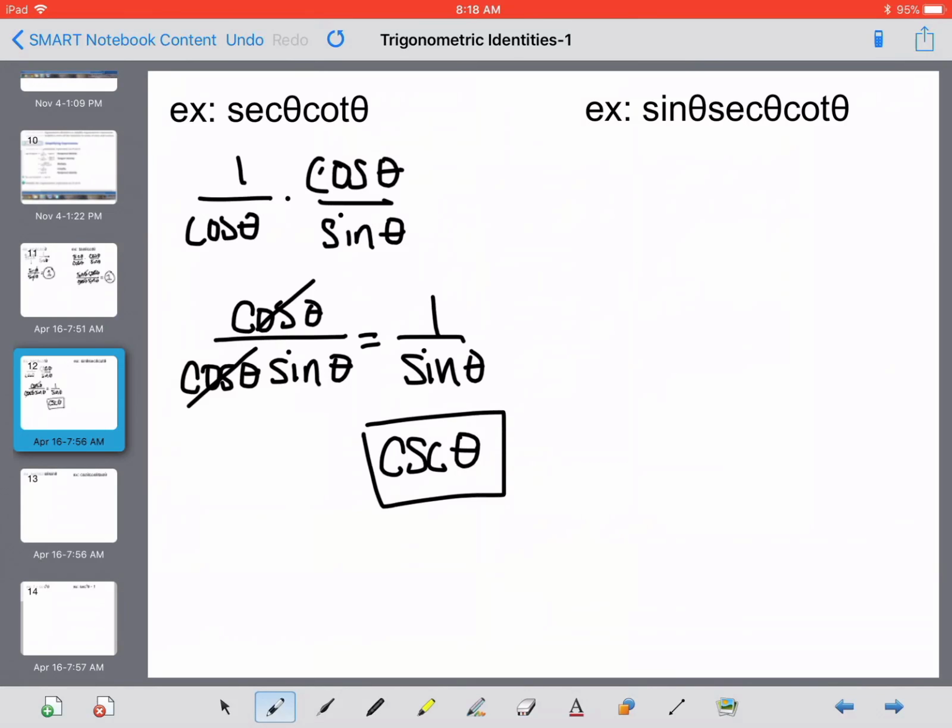Now I've got 3 trig functions: sine theta, secant, and cotangent. Secant is 1 over cosine again, and cotangent is cosine over sine.